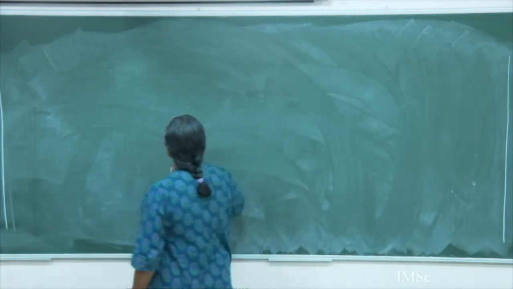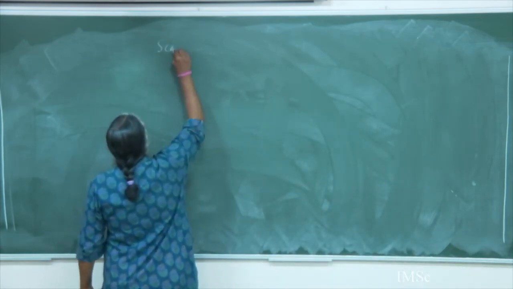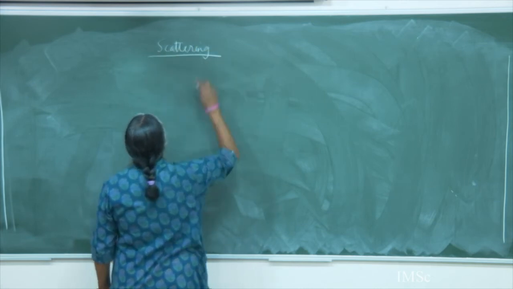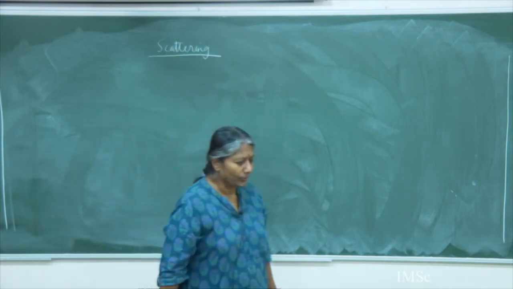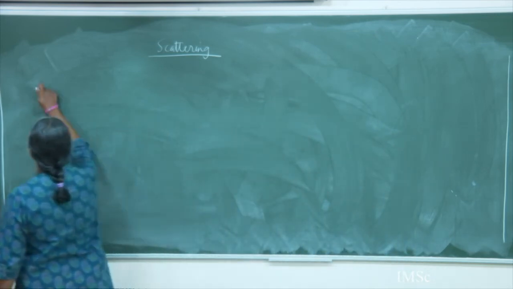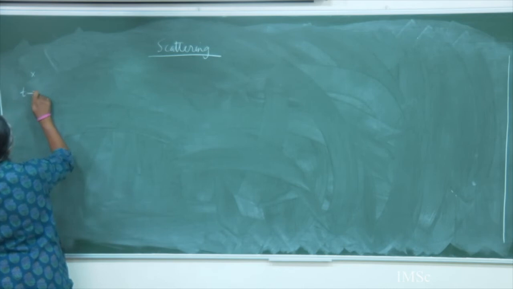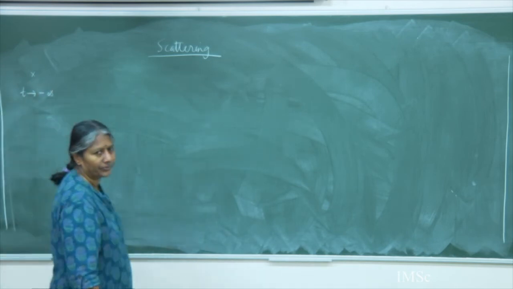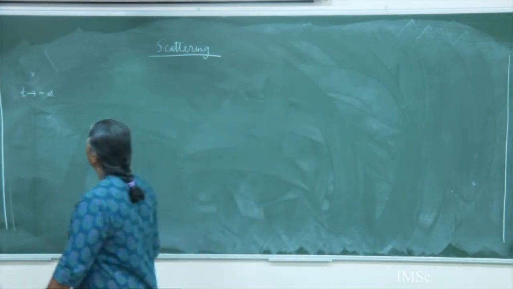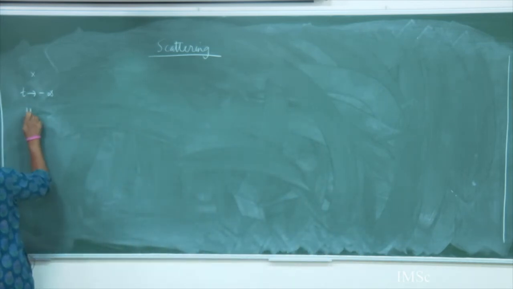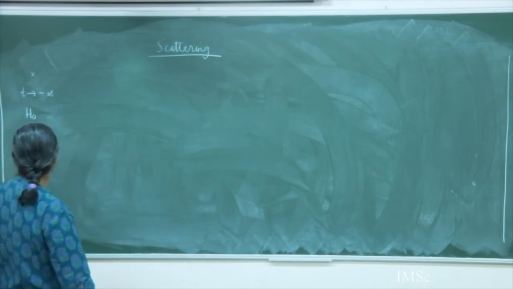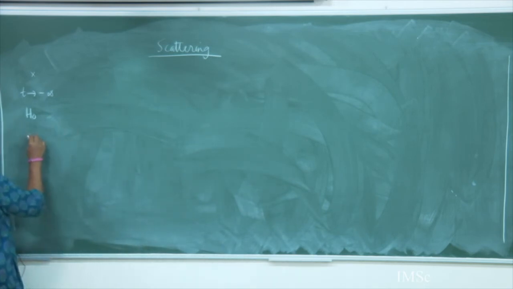So what does scattering mean? Let us start out with scattering. Then we will come to the non-relativistic part later. The way we understand scattering is that at t minus infinity, I have a bunch of free particles. That means I have a Hamiltonian H naught, which I can solve exactly.